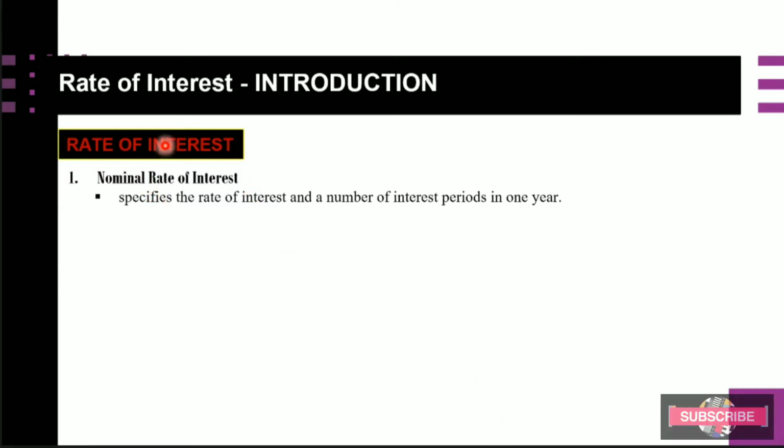And then we have now the rate of interest. First we have the nominal rate of interest, and it specifies the rate of interest and the number of interest periods in 1 year.